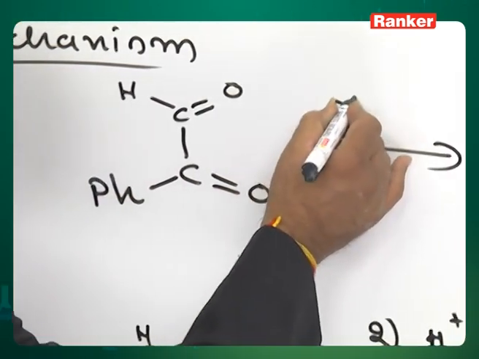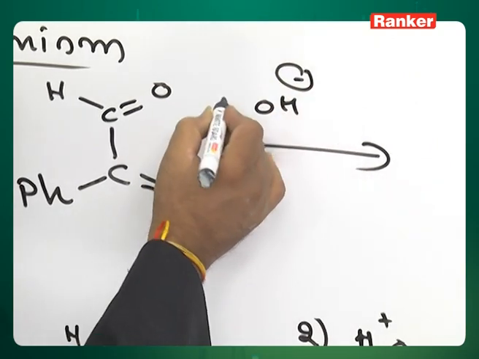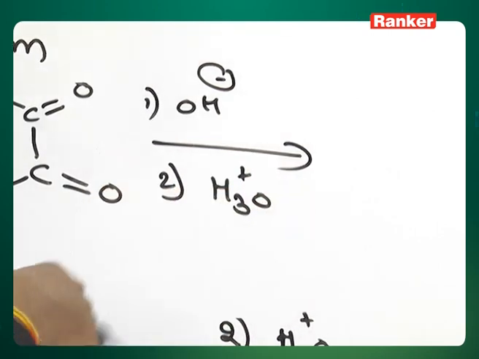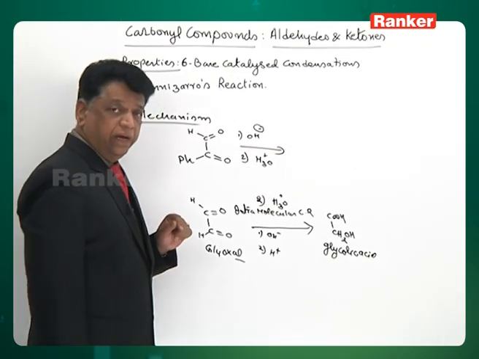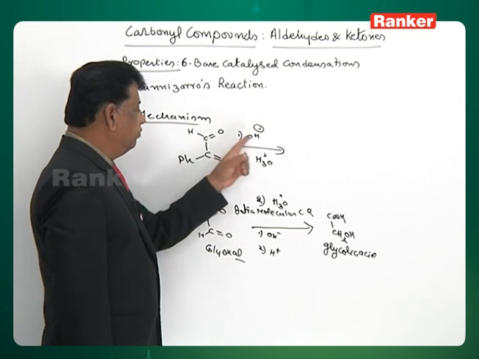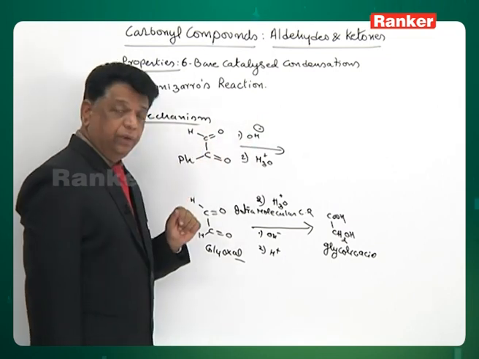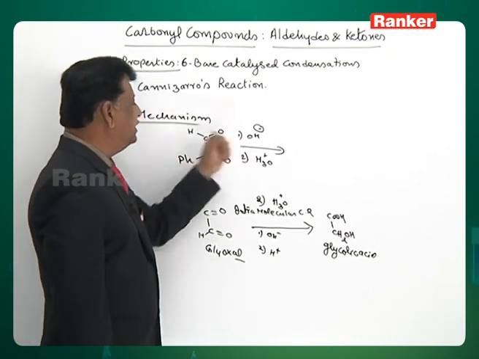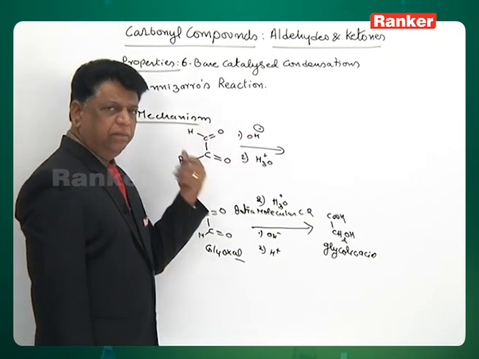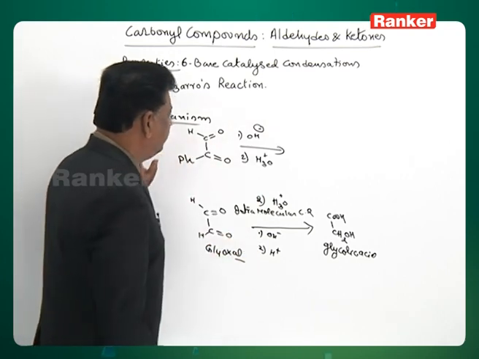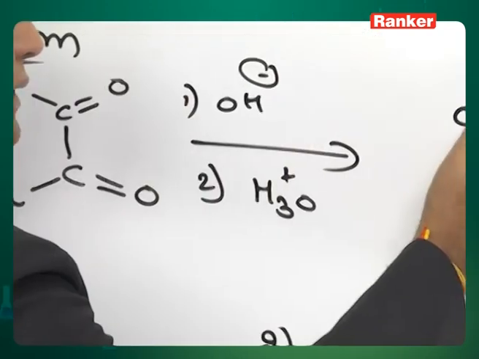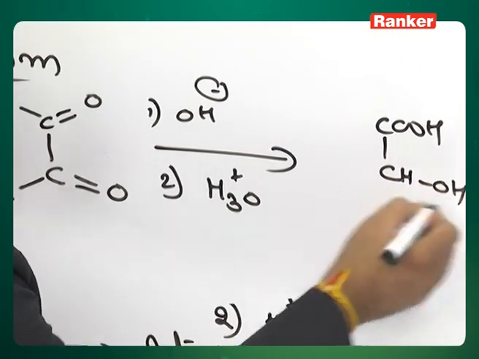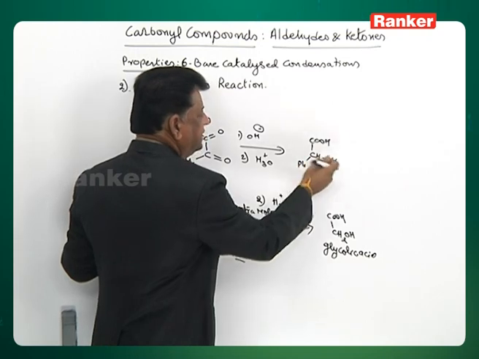So, in the Cannizzaro reaction, if you apply it on this compound, let us write H3O, that is acidification, also. Now, you may have another question on which the OH attacks: that is aldehyde, that is ketone, and that too an aromatic ketone, much less reactive. So, OH attacks this compound logically and it becomes oxidized, that is COOH is formed, and this side becomes reduced, that means a CHOH is formed, and a phenyl, that is phenyl CHOH.